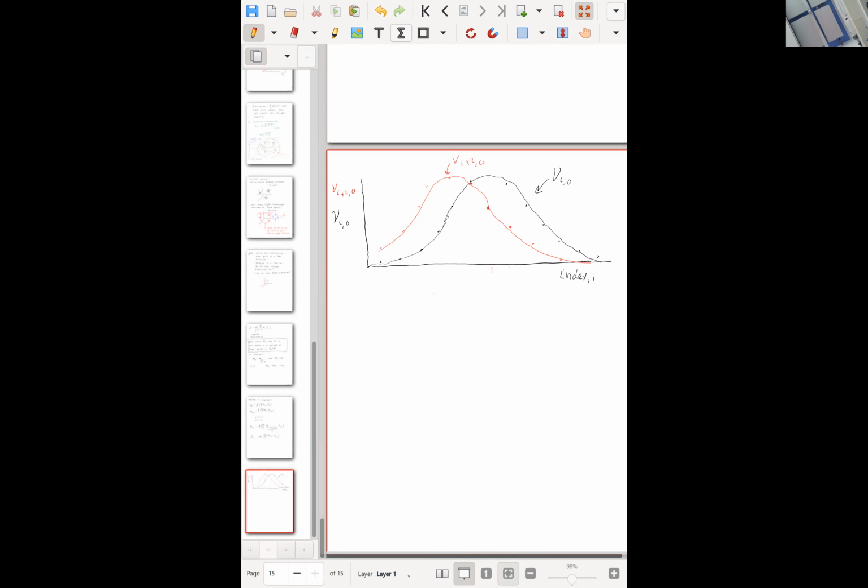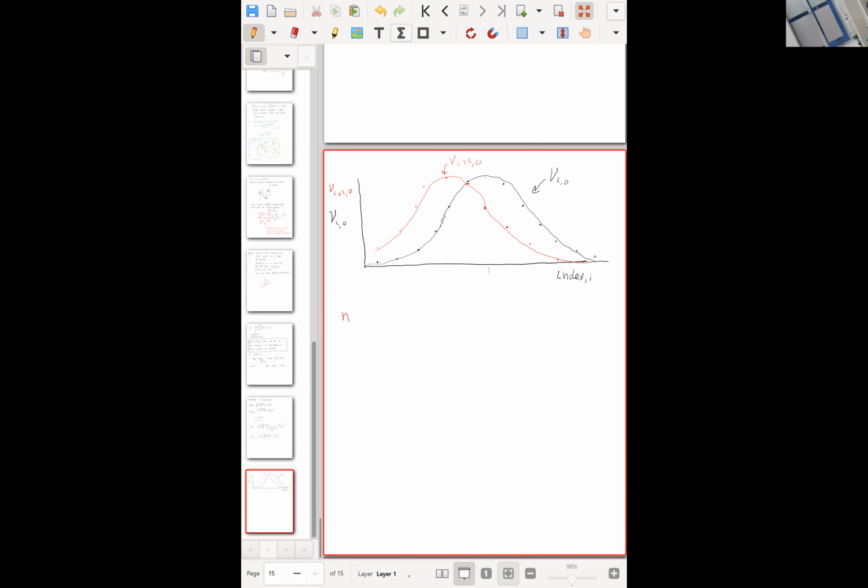So what we really have, of course, isn't obviously a continuum. If you have n neurons, we found n fixed points.